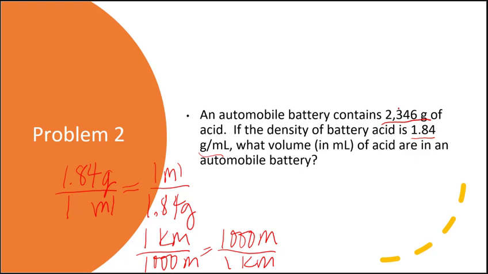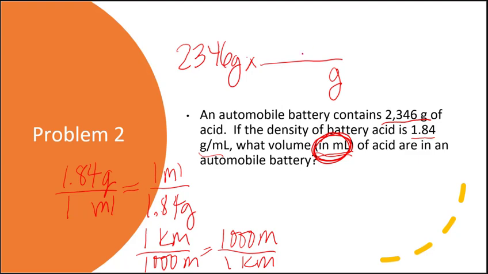Now we're told that we have 2,346 grams of acid. Now I want to know what volume in milliliters of acid are in this automobile battery. So I want just milliliters. I want to get rid of grams. So I can do that by having grams at the bottom to cancel out the other gram and the milliliter on top.